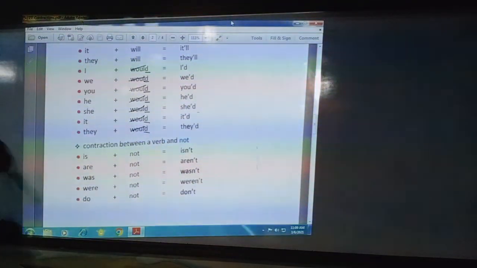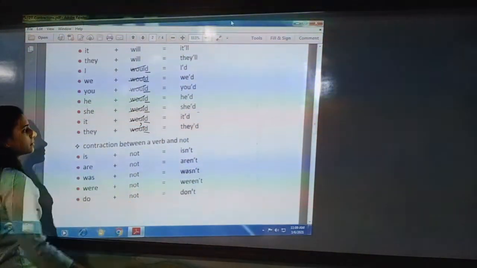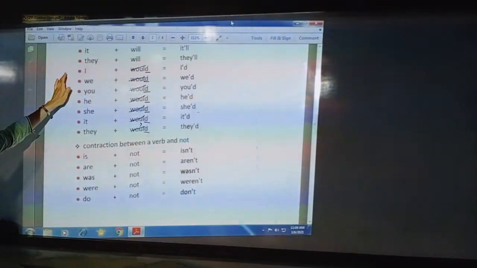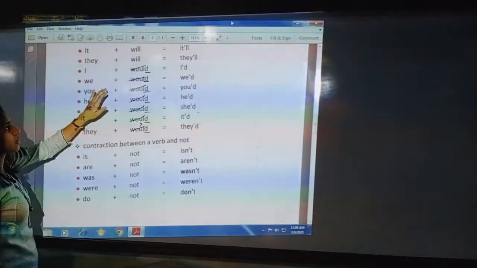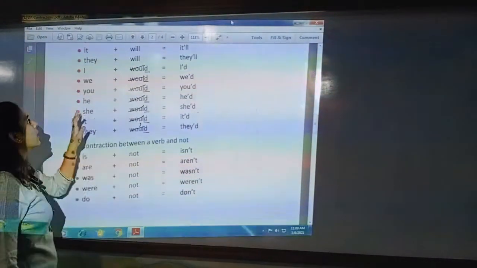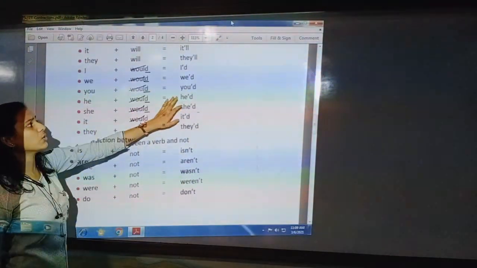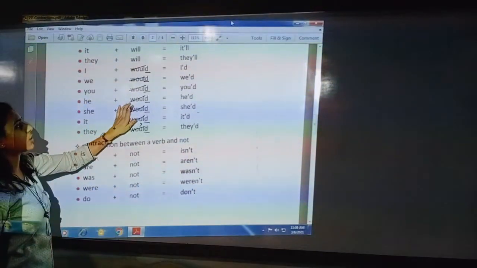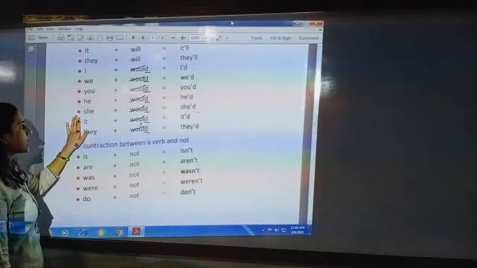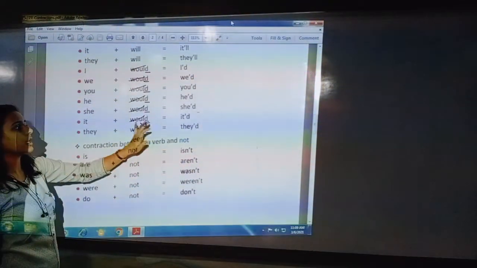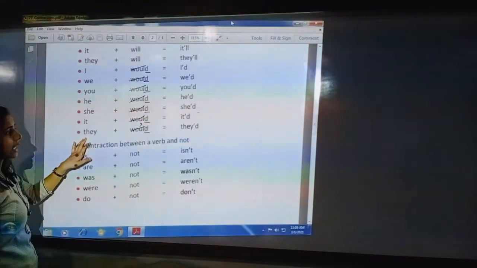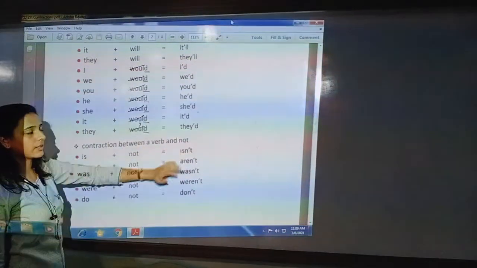At that place we will put an apostrophe. So it will become I apostrophe D, I'd. We apostrophe D, we'd. You apostrophe D, you'd. He apostrophe D, he'd. She apostrophe D, she'd. It apostrophe D, it'd. They apostrophe D, they'd.